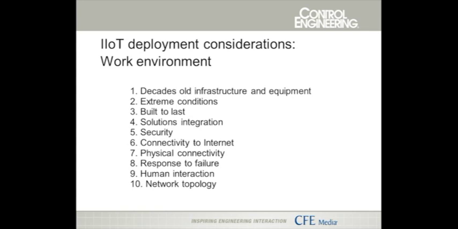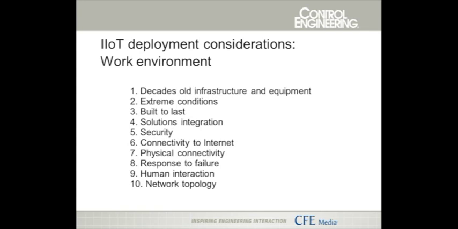In regards to the work environment, there are so many things to consider here. You've got decades-old infrastructure and equipment. Is it compatible? Does it need to be replaced? You have extreme conditions potentially, temperature, moisture, noise, vibration. The industrial Internet needs to be built to last. How will all of the existing legacy systems, etc., be integrated?